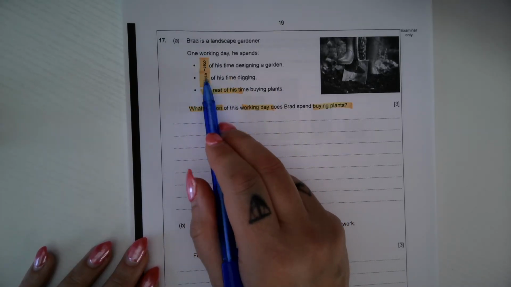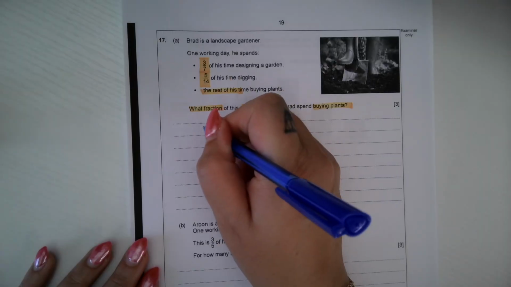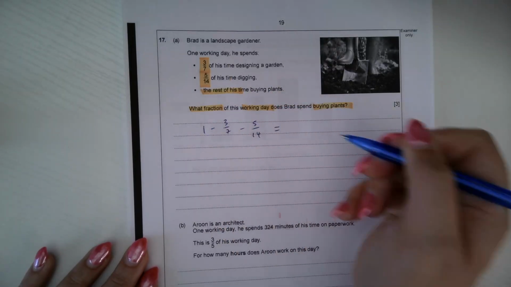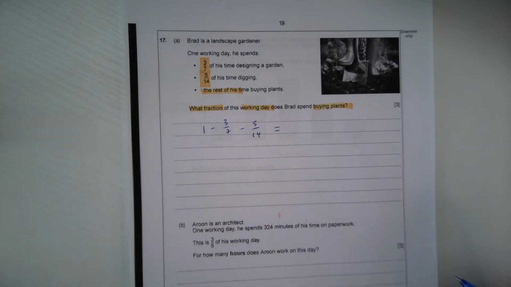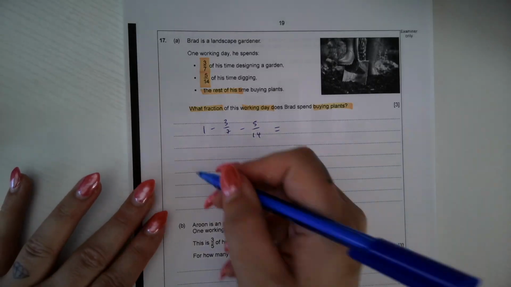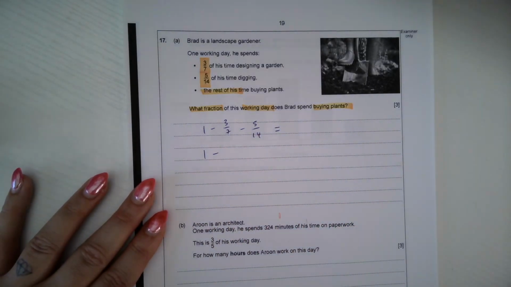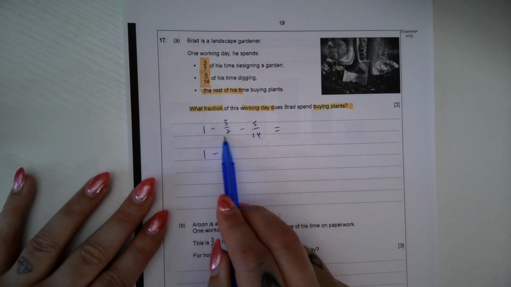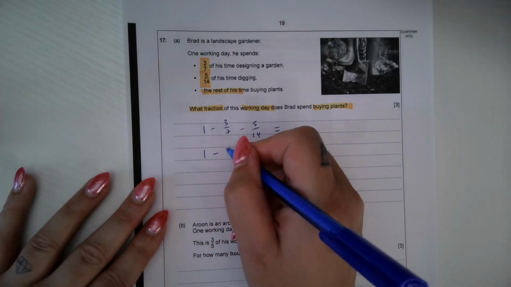So if we subtract these two fractions from 1, so 1 subtract 3/7 subtract 5/14, that is going to tell us what fraction of his working day he spends buying plants. So to be able to subtract these, I need them all to be over the same denominator. So we've got 7 and 14. Well, 14 is a multiple of 7, so I'm going to multiply this fraction by 2.